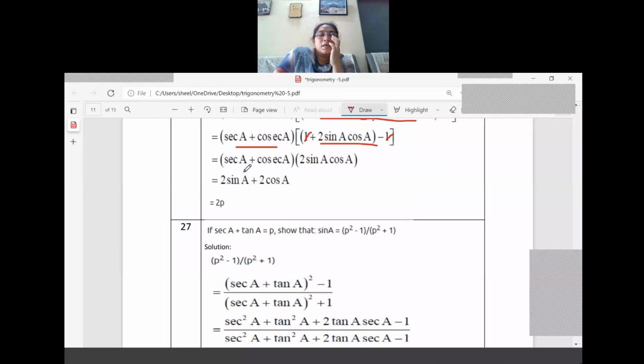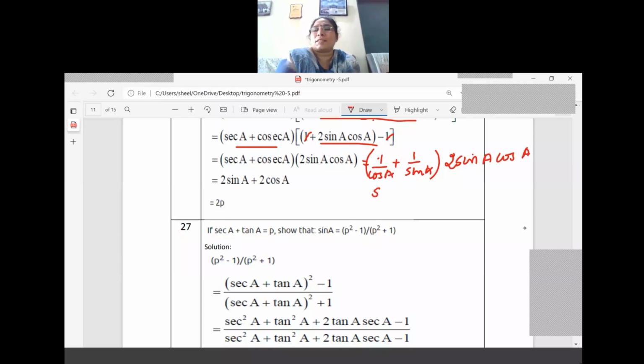Okay, so here it is, I think we have to take it as 1 by cos A and 1 by sin A, then take the LCM. So sin A cos A will get cancelled. So what is the answer we'll get? Let me try. It can be written as 1 by cos A plus 1 by sin A into 2 sin A cos A, right?